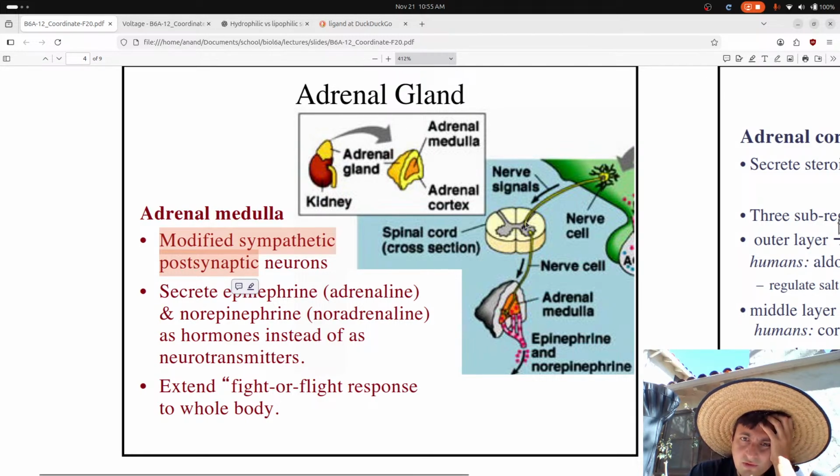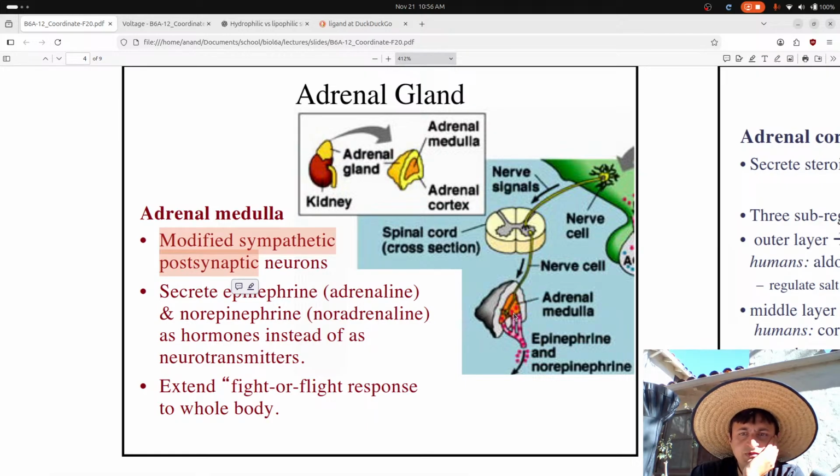The spinal cord, nerve signal. What is this? The brain? I don't know what this is. So nerve cell to the inside of the adrenal, into the adrenal medulla. Epinephrine and norepinephrine.